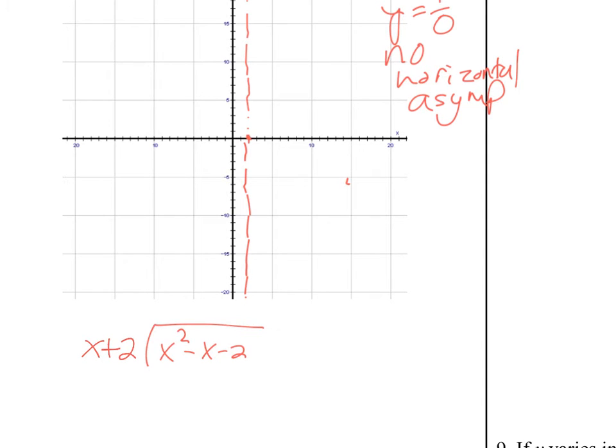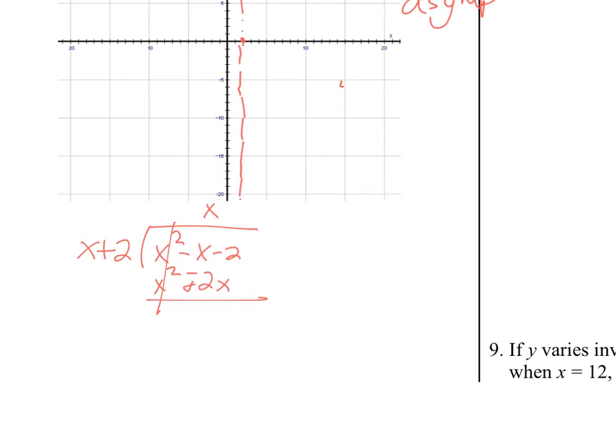So, I need an x. That gives me x squared plus 2x. But I am subtracting, which makes that a negative 2x. Negative x and negative 2x is negative 3x. Bring down the minus 2. I have a negative 3.